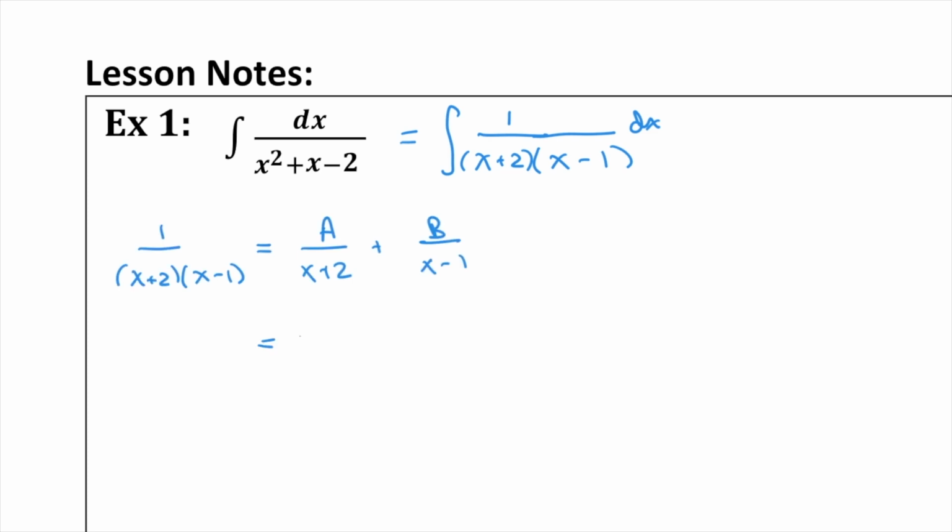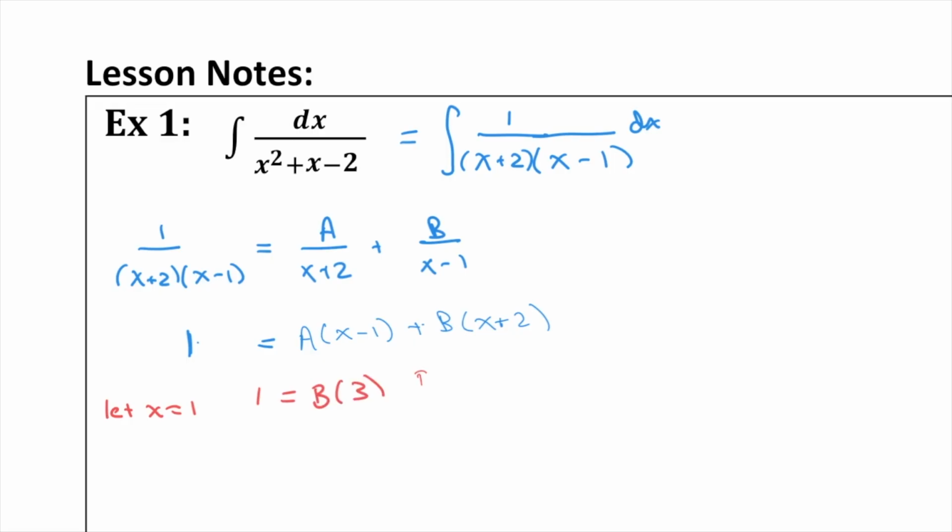We will cross multiply so that we have A times (x minus 1) plus B times (x plus 2), and that has to be set equal to 1. Again, you get to choose some x values in order to solve the system of equations. If we let x equal 1, we will have the equation 1 equals B times 3.